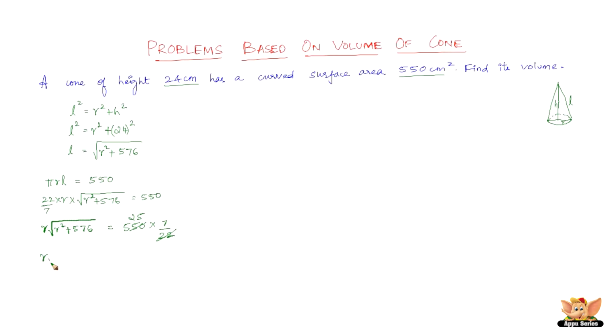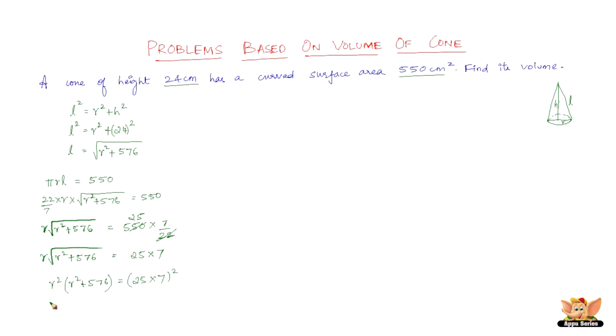So we have r into root of r square plus 576 equal to 25 into 7. Now we need to get rid of this root. So let us square both sides. When we square both sides, we get r square into r square plus 576. On squaring a root, we can get rid of the root. This equals 25 into 7, the whole square.